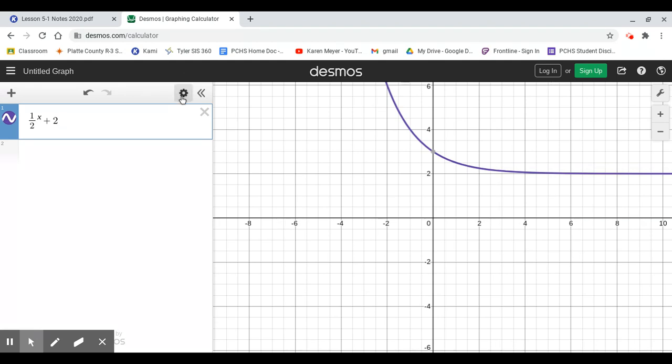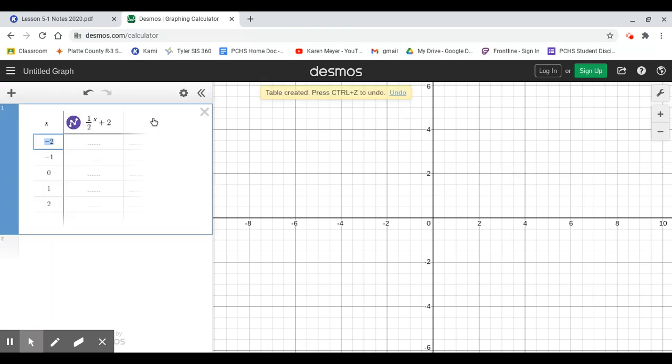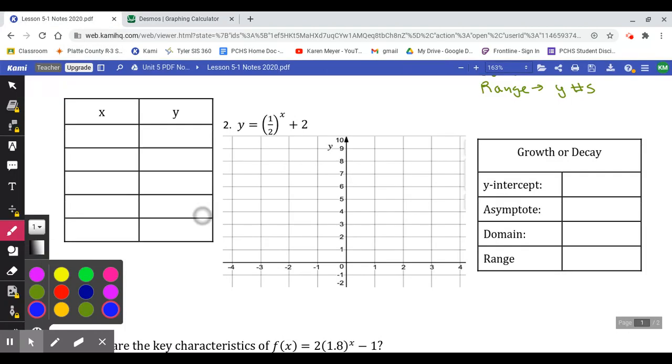Okay, so then I'm going to go here to my little gear, and then I'm going to click table. And here are the values I'm going to copy down into my table. So -2 is 6, -1 is 4, 0 is 3, 1 is 2.5, 2 is 2.25.